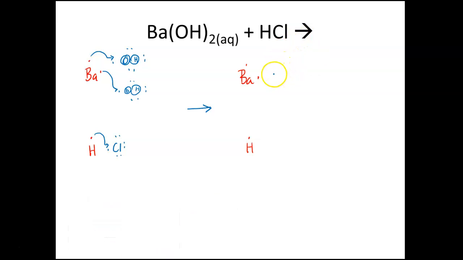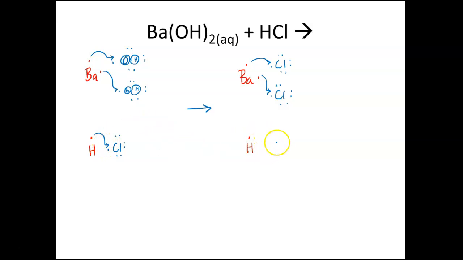We have chlorine now being the new date. But you'll notice that barium wants to lose 2 electrons and chlorine only can take 1. So in that case, we're going to have to give this barium 2 chlorines. Don't worry that we don't start with 2 chlorines over here.